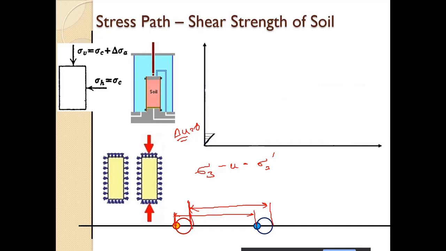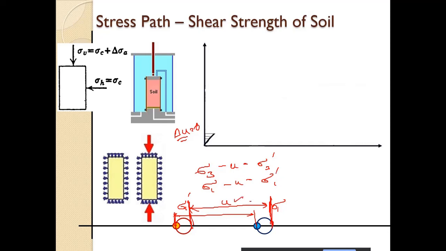And what is this one? This is sigma 1 minus U, which is equal to sigma 1 dash.